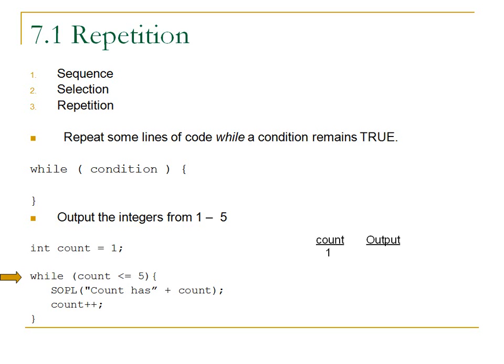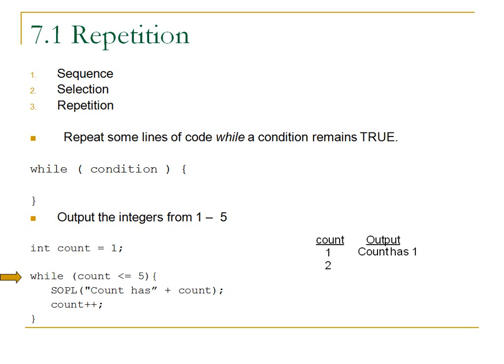Well, you look over here and you say, yes, that's true. Count is 1, and that's less than or equal to 5, so we're going in to execute the body of the loop. We do a System.out.println and output the message count has 1, and then increment the count variable. So we write down under count that it now has 2 in it.